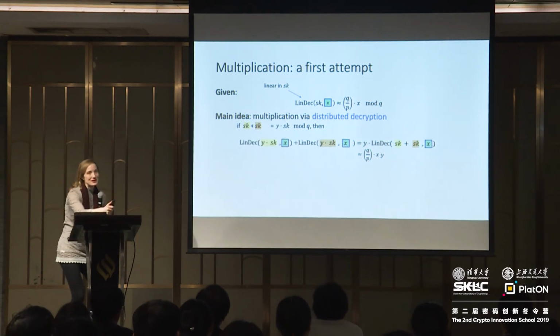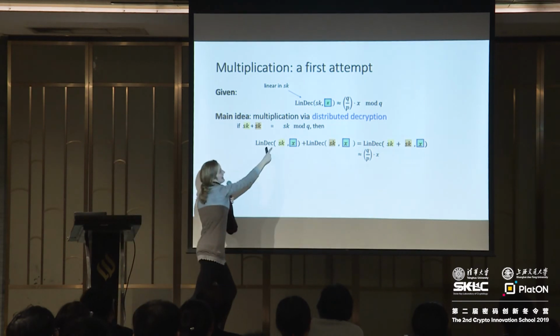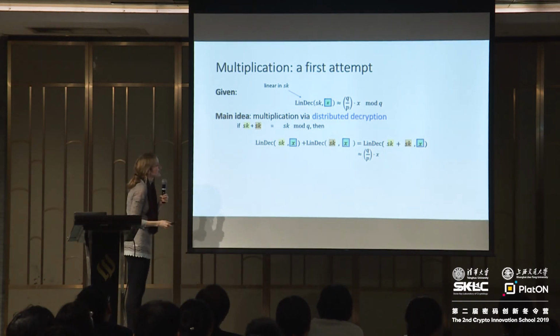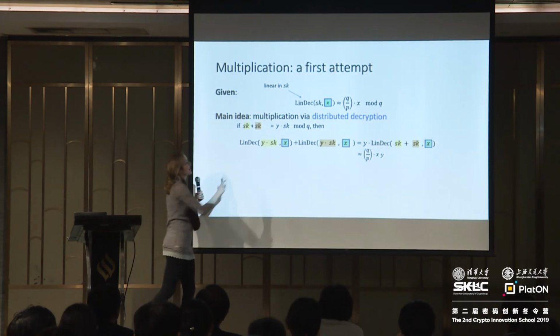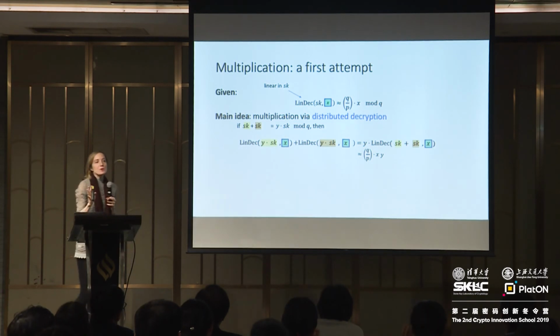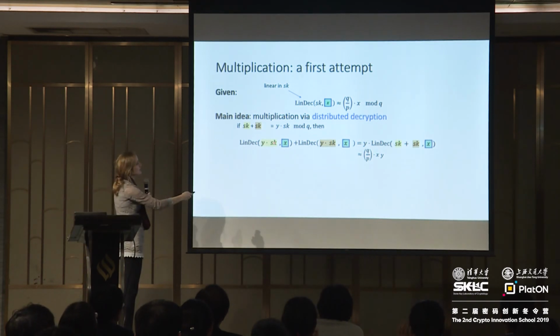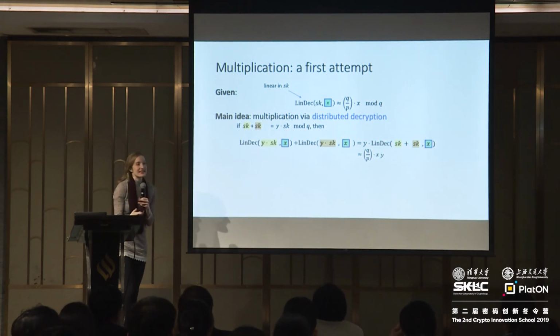Now brace yourself for this amazing animation here. In one moment, I have shares of the secret key. In the next moment, I have shares of y times the secret key, where y is some other value. Suppose that we did have that. So now we have these additive shares of y times the secret key. What does that give you?